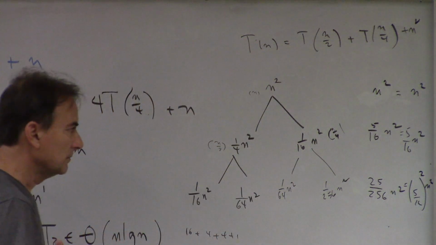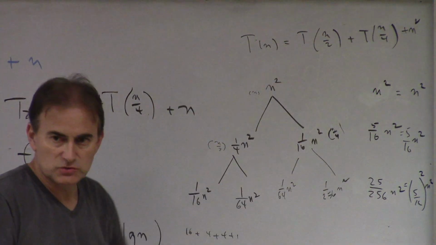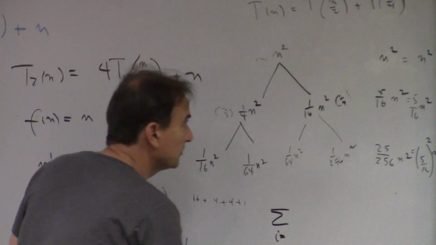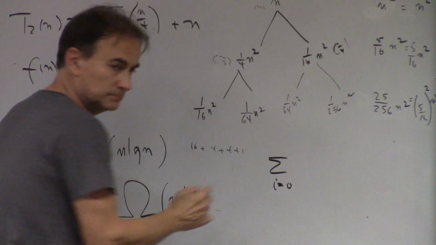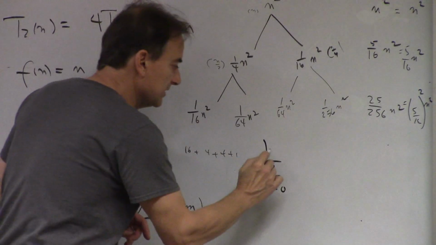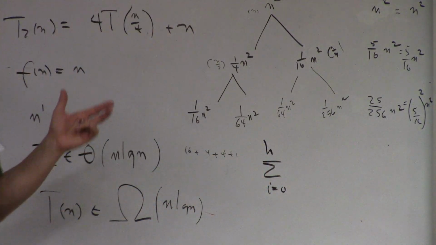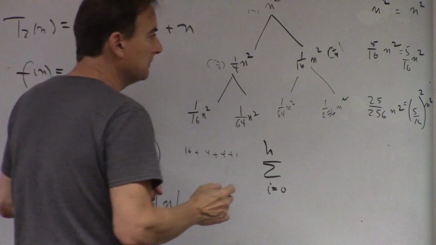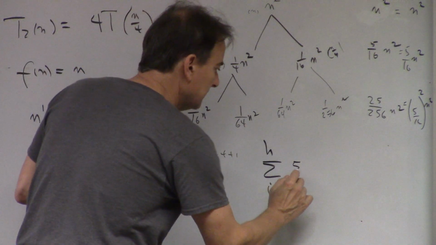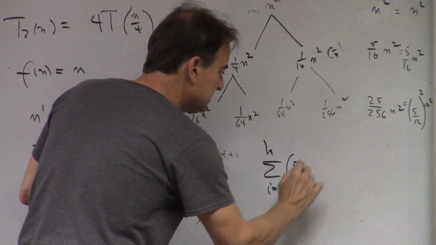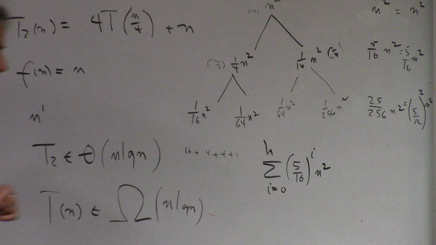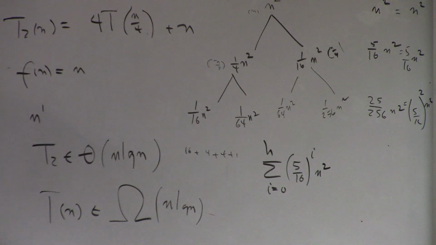So in general, as we sum the actual work being done in each level, we have the sum as i goes from 0, and again I'm going to say some height h, and where's h? I don't know, somewhere. I'm going to multiply 5/16 to the i times n squared. And again, just like before, you'll see the difference between this one and another one.